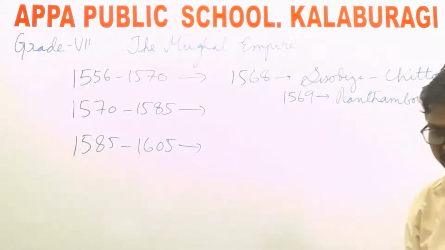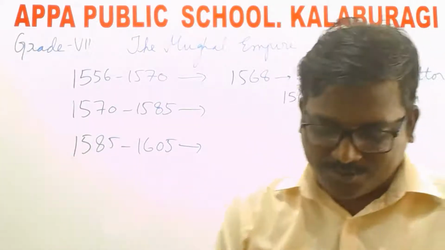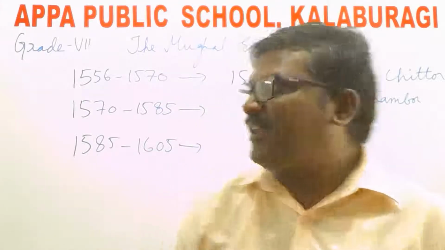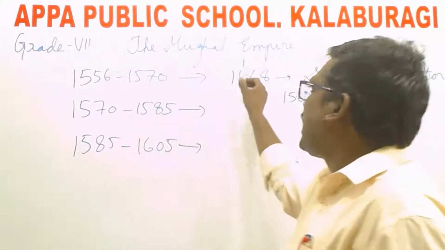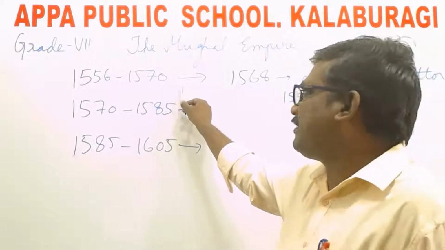These two are Rajput kingdoms which were overtaken by Akbar in the first period of his reign. Akbar's reign is divided into three periods.